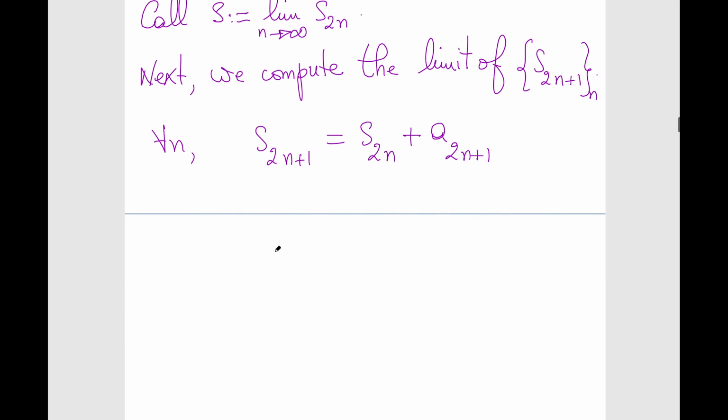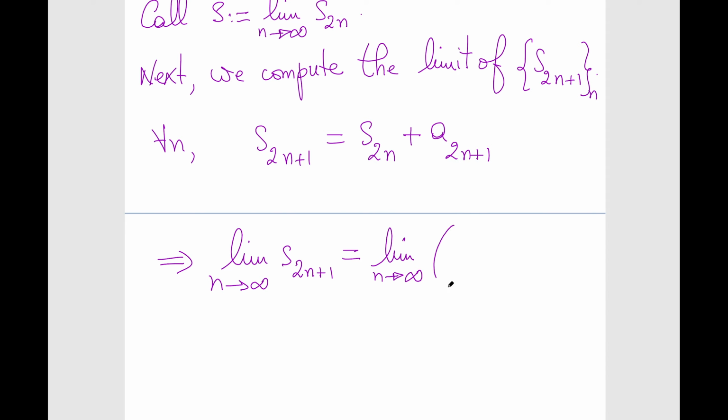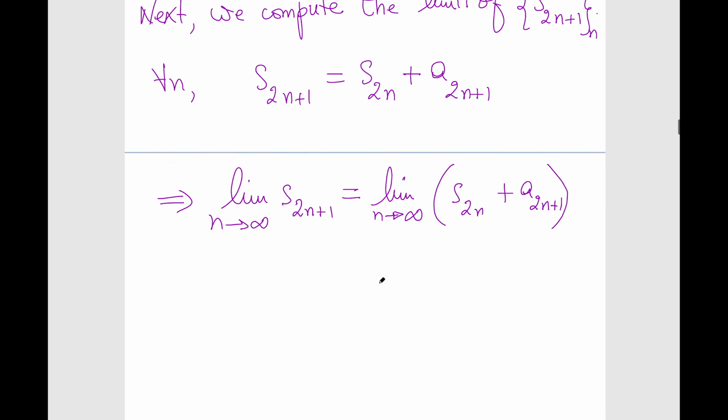How about at the limit? What happens at the limit? When n goes to infinity, the limit of S sub 2n plus 1 is equal to the limit as n goes to plus infinity of S2n plus a sub 2n plus 1, right? And this is the same as the sum of the limits, because each one converges.